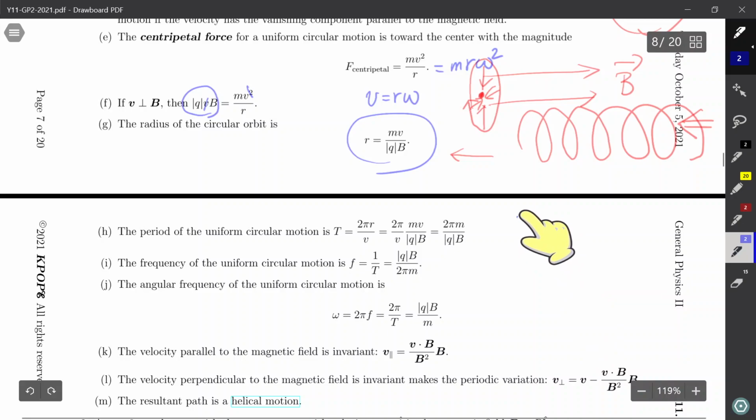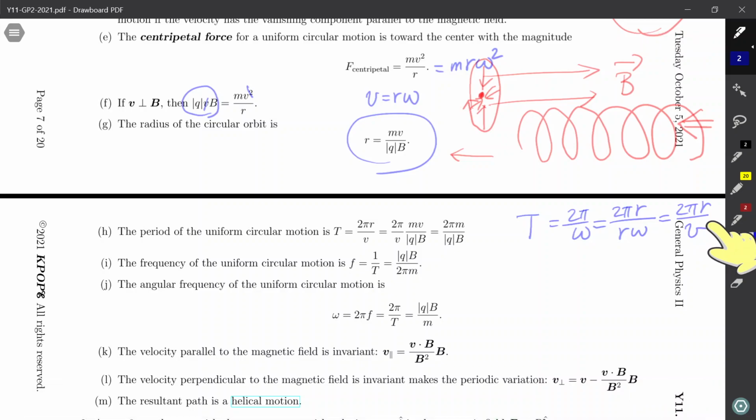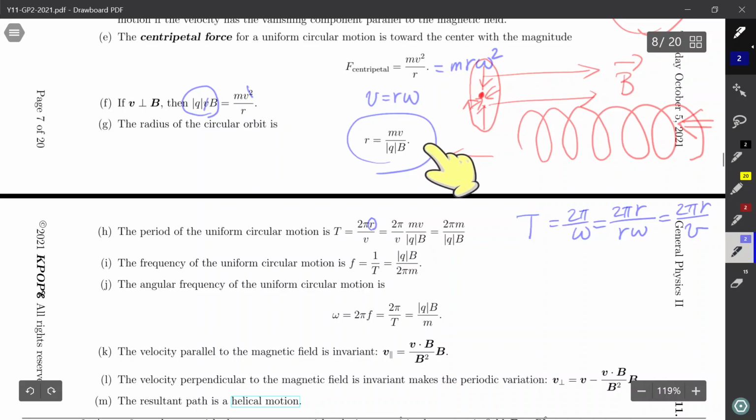Period T is 2 pi over omega, or multiply R. That is 2 pi R over V. Here the radius R is replaced with mv over qB, and the v's cancel, and 2 pi m over qB will be the period.